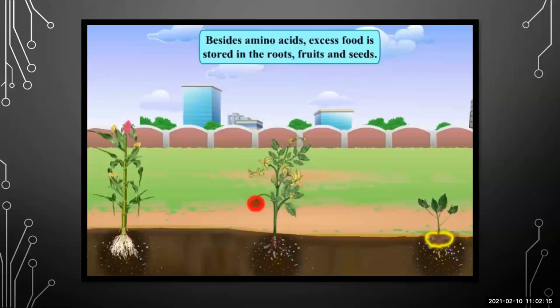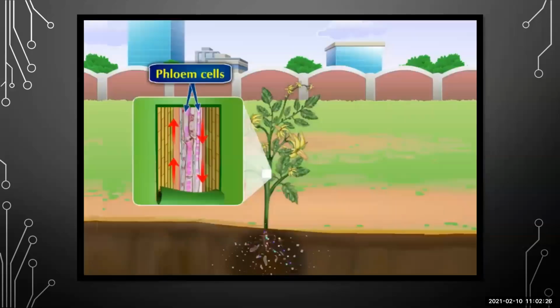Translocation is carried out in both the upward and the downward direction by the phloem. It is transporting the food material from the synthesized part to each and every part of the body.